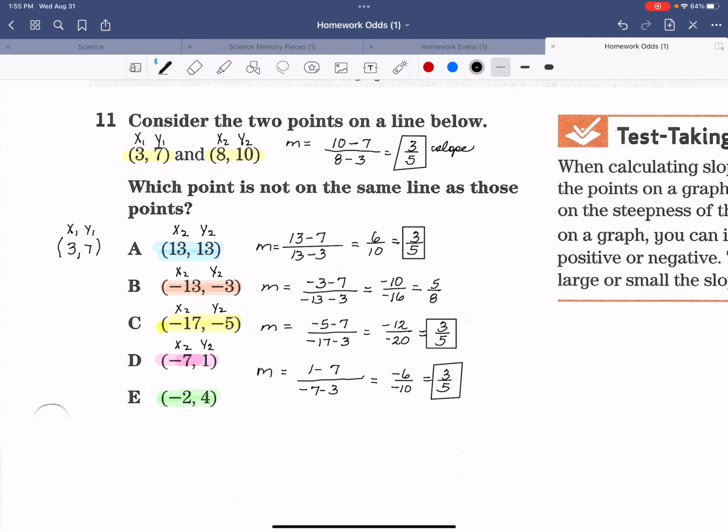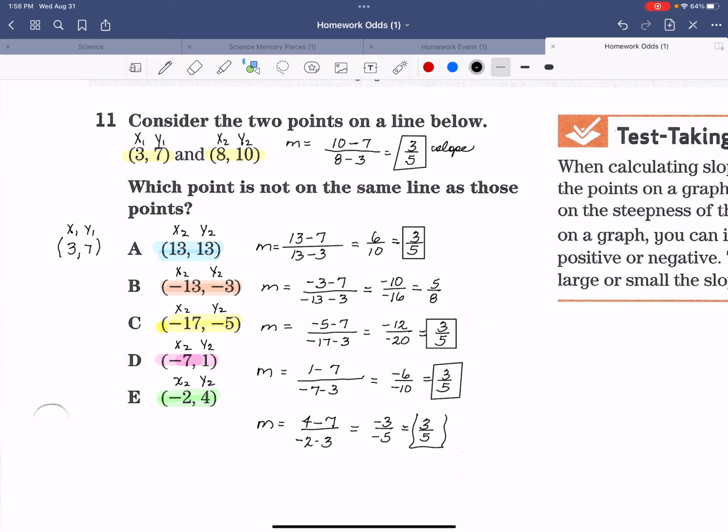Here is the last one. What do you think this one's going to turn out to be? A yes or a no? 4 minus 7, negative 2 minus 3 is negative 3 over negative 5, which is positive 3/5.